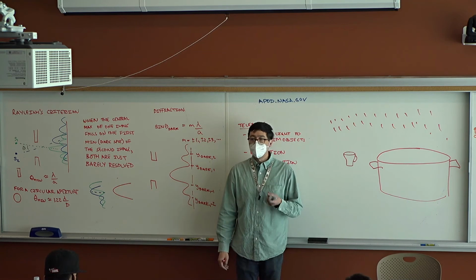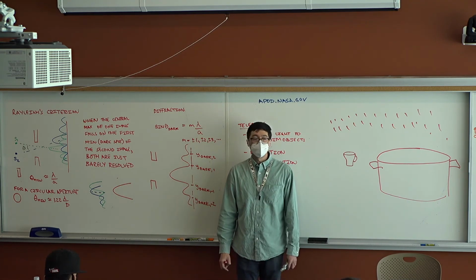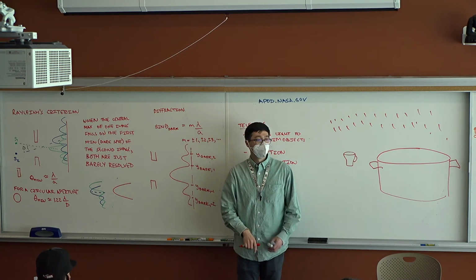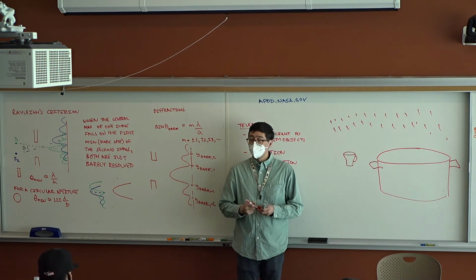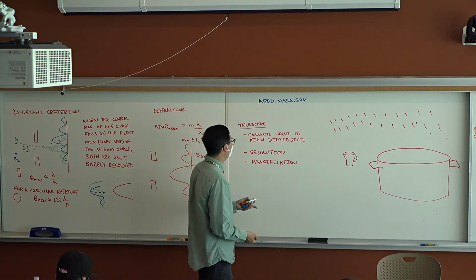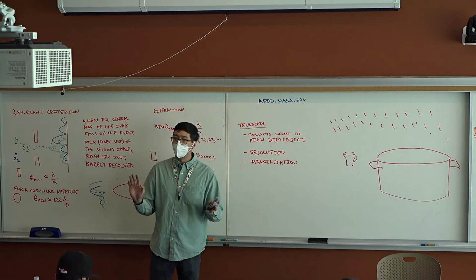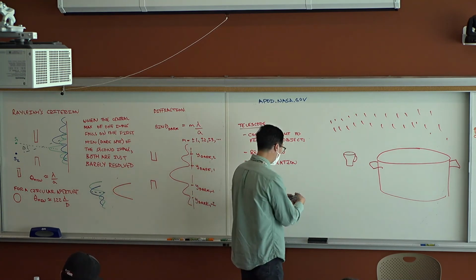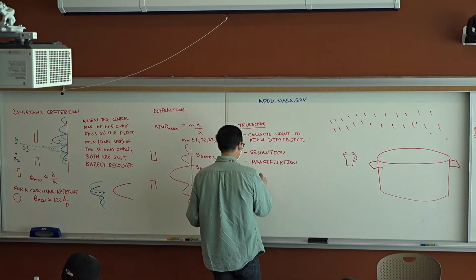What part of my eye is used to collect light? The dark center region, right? So let's assume that it's roughly a circular cross-section. What's the area?